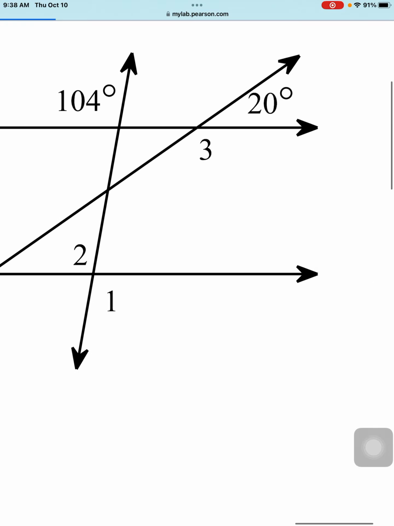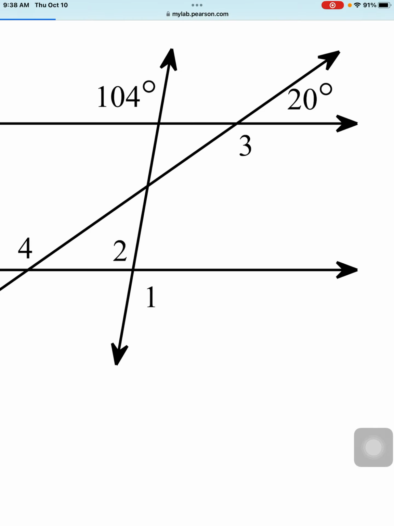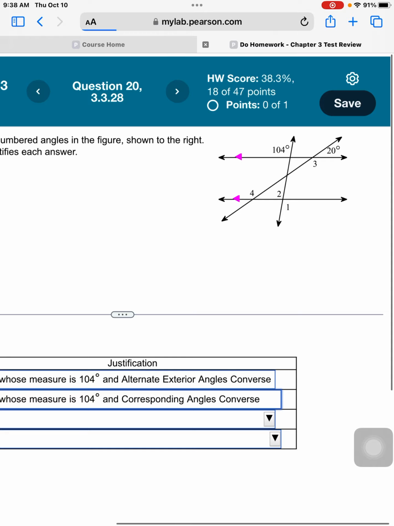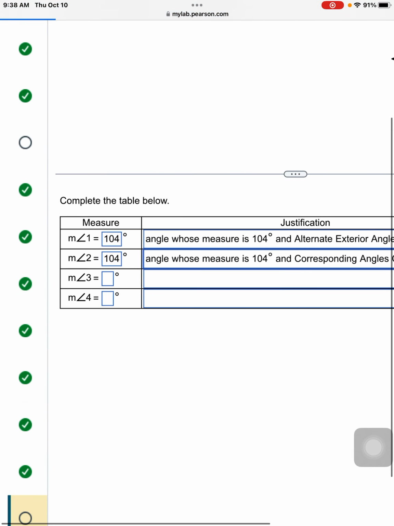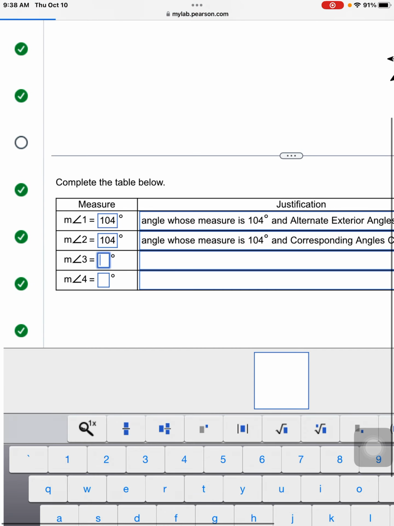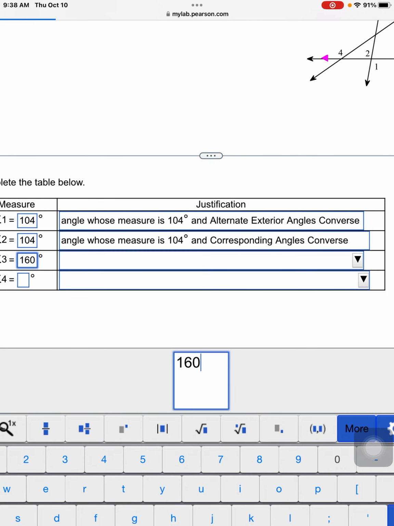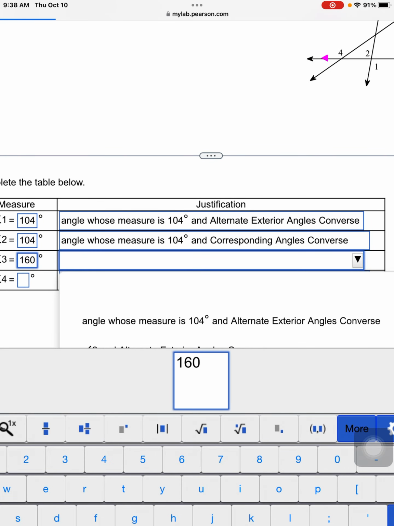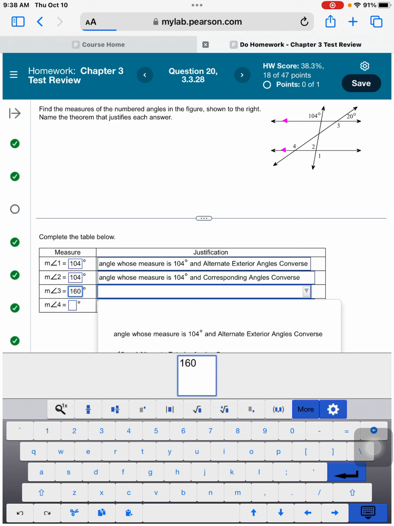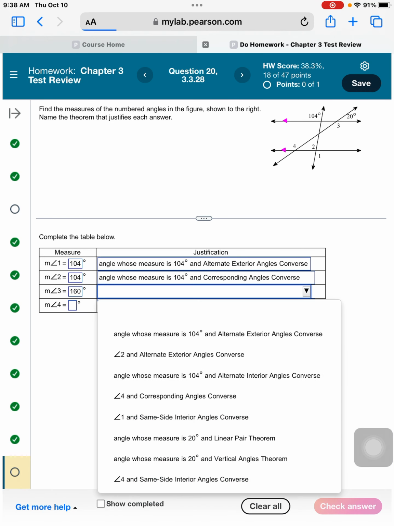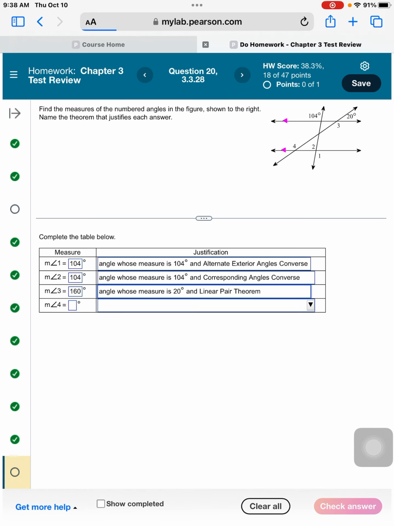Linear pair theorem, right? Because we can clearly see that they're adjacent to each other. Let's look at 3. And what is 180 minus 20? It is 160. So I'm looking for angle whose measure is 20 and linear pair theorem right there.